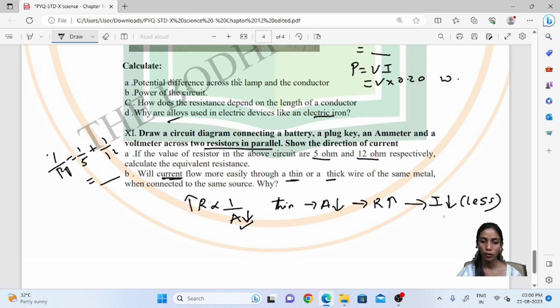Now in case of a thick wire, the area is increased. If area is increased, resistance is decreased. The current will be increased and there will be more current. So this is the answer for this question.